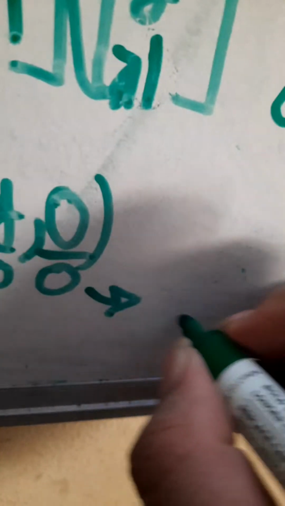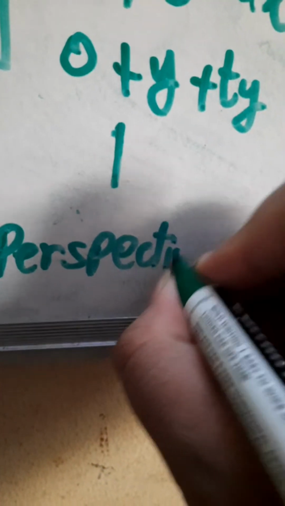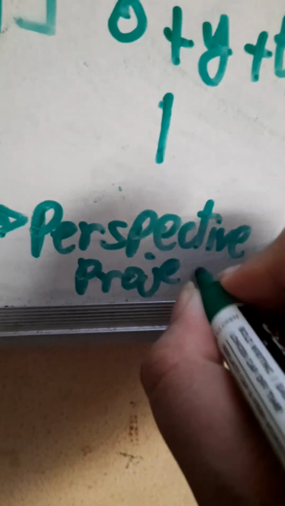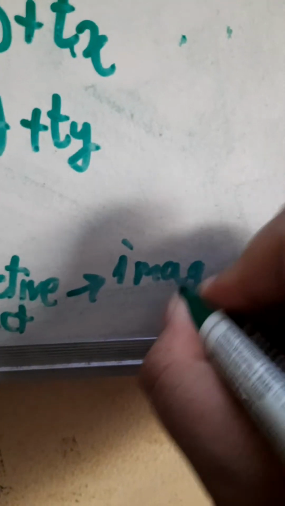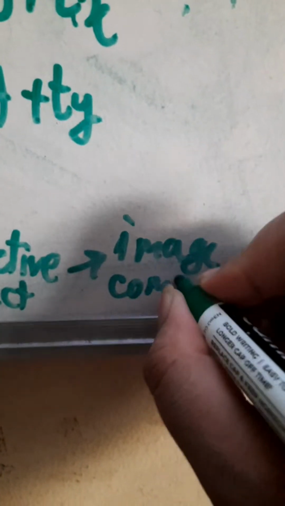Now this looks like perspective. We use this in perspective projection, like an image coming from infinity.